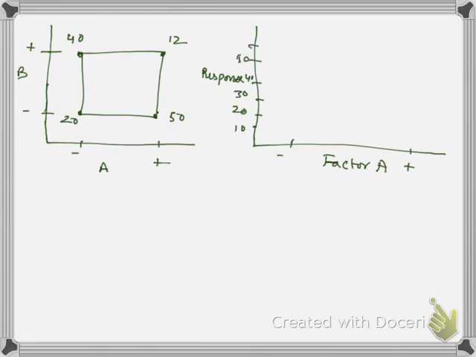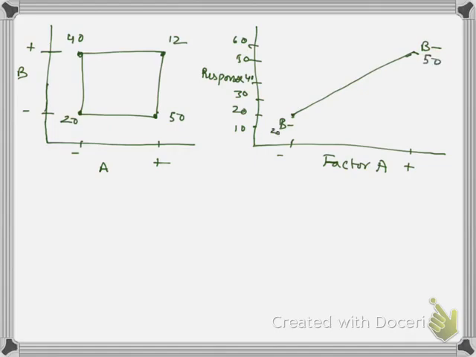That's how far it's going. Let's say 60. So A, and then B minus is 20. And then when factor A is positive, B minus is 50. So I'm going all the way here, right? So this is my line now. B minus. So this is my 20 and this is 50.